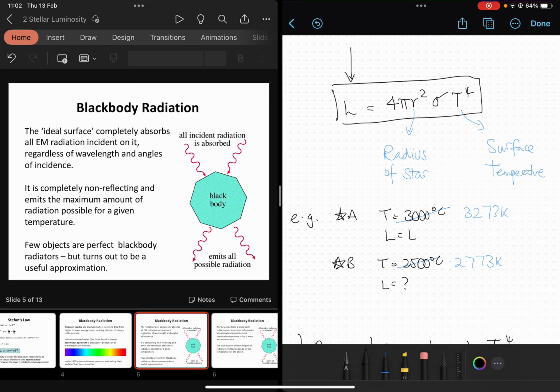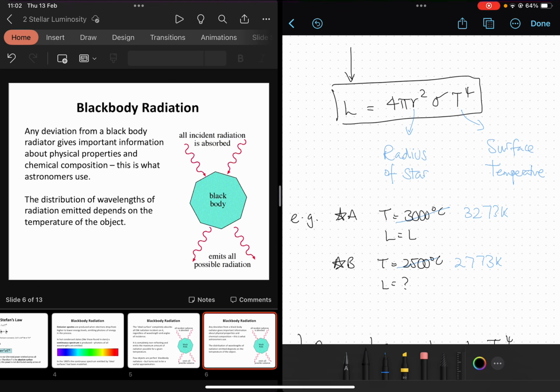Now, in reality, few objects are perfect black body radiators. However, it does turn out to be a useful approximation for us when we're considering stars.